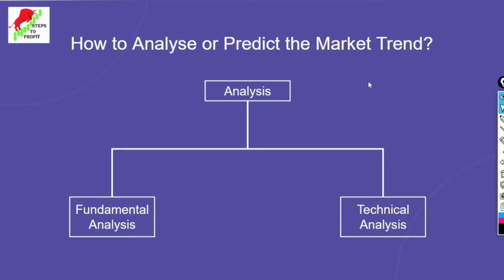To analyze or identify market trend, we have to do analysis of market scenario. There are two types of analysis, fundamental and technical. Fundamental analysis is used for assessing the values of stock and not to predict the price of stock.